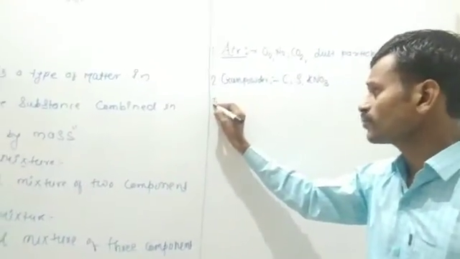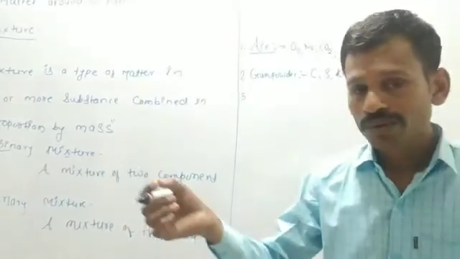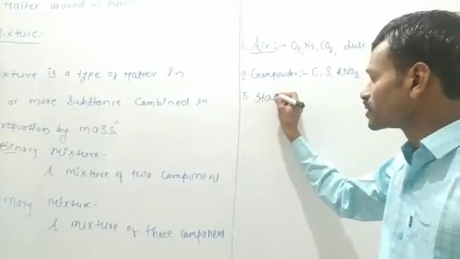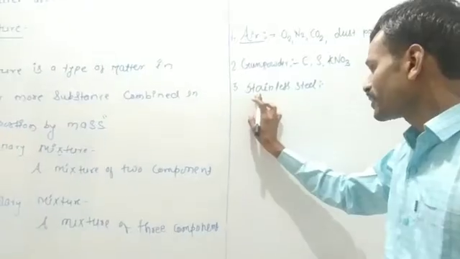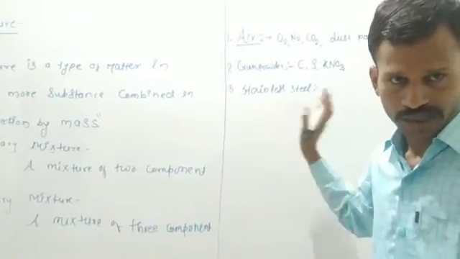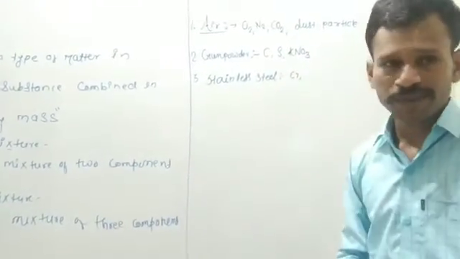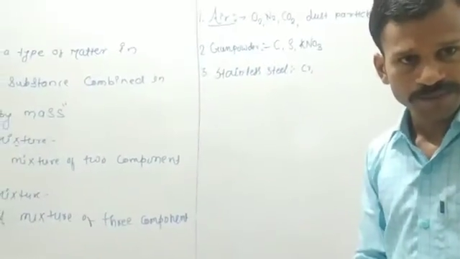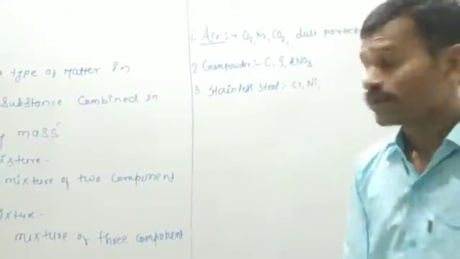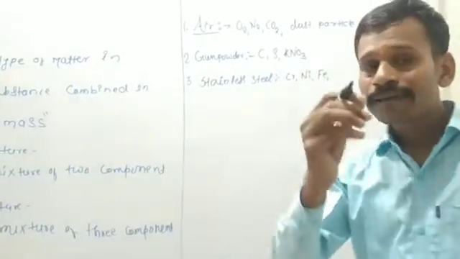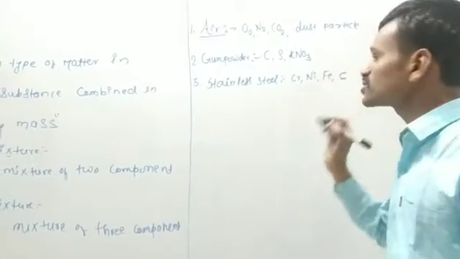After that, another example is stainless steel. Stainless steel is a mixture in which chromium is present, nickel is also present, iron is the main component, and carbon is also present.